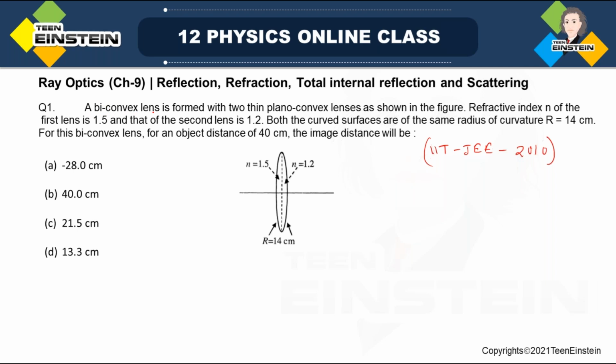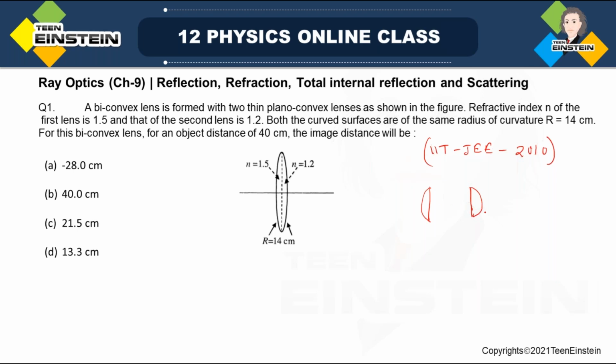So, a biconvex lens is formed with two thin plano-convex lenses. So you can see this figure. This is a biconvex lens, and this biconvex lens is actually formed with two thin plano-convex lenses. One is this, and another one is like this.